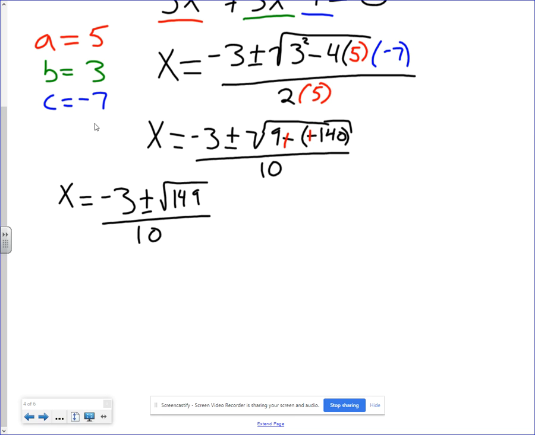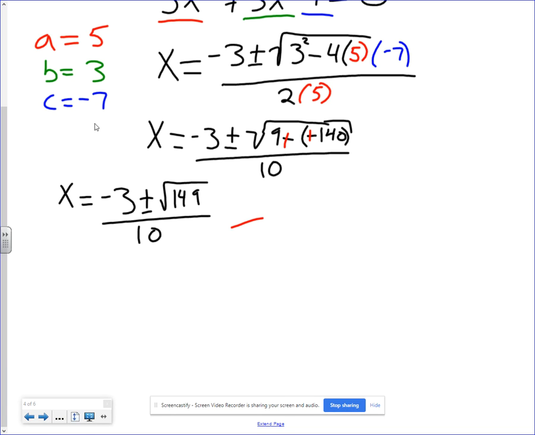So this time we'll ask ourselves, can we simplify 149 any further? Can we simplify that radical expression? And here we cannot. There's nothing that 149 is divisible by that is a perfect square that we can simplify. So when we split up our equation, we'll just leave the 149 under the square root.